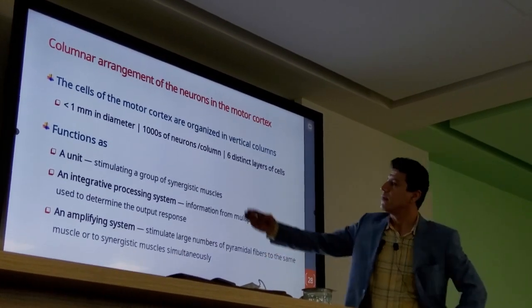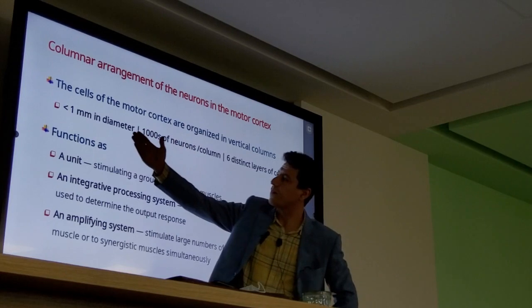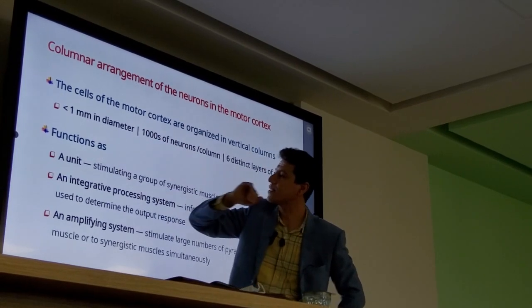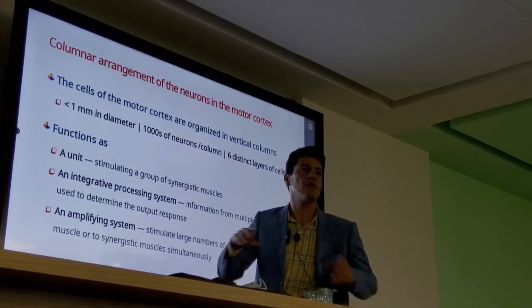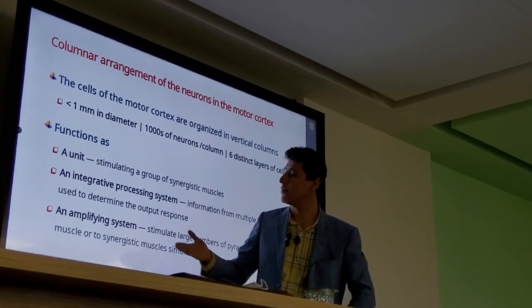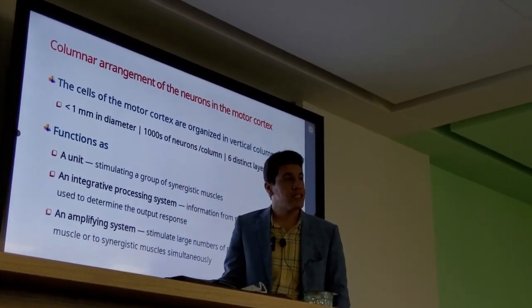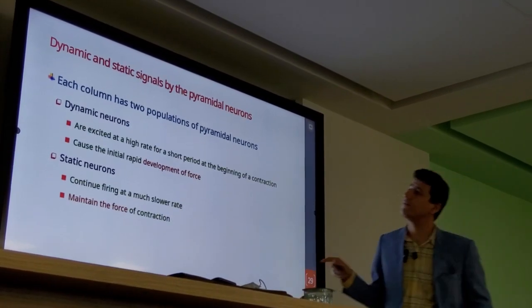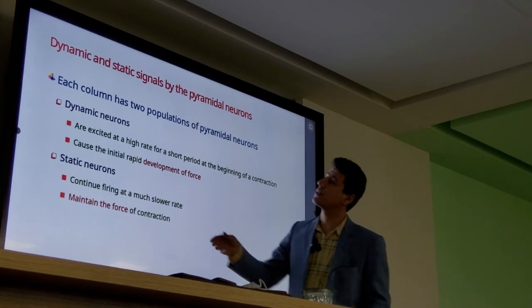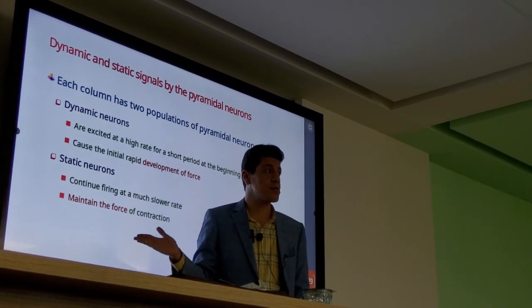So they can serve as a unit. They have integrative processing, so they can combine signals together. They can amplify each other, right? And in each column, we may have 2 different sets of neurons, dynamic neurons, static neurons.